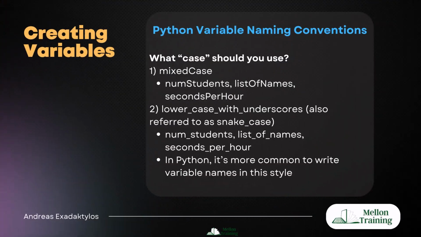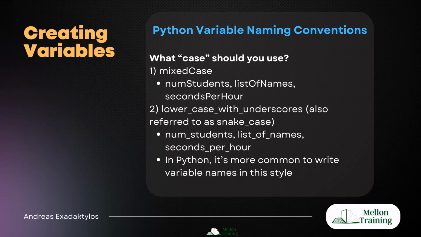One term that's used is mixed case, where you start with, say, lowercase letters, and then every individual word that you're adding inside of that variable name, you make it uppercase for the first letter of it. So here are some examples. Like a number of students could be numStudents, or a list of names, listOfNames, and so forth. So that's called mixed case.